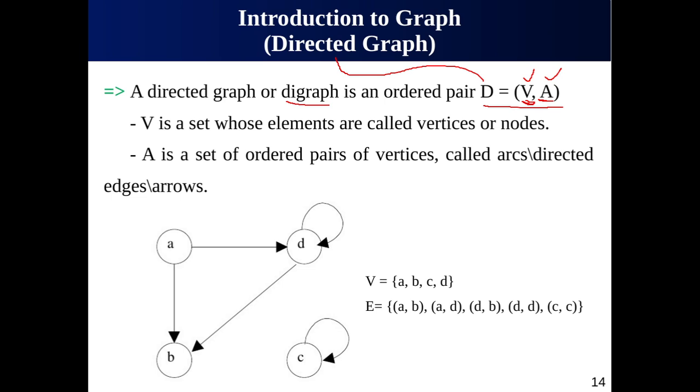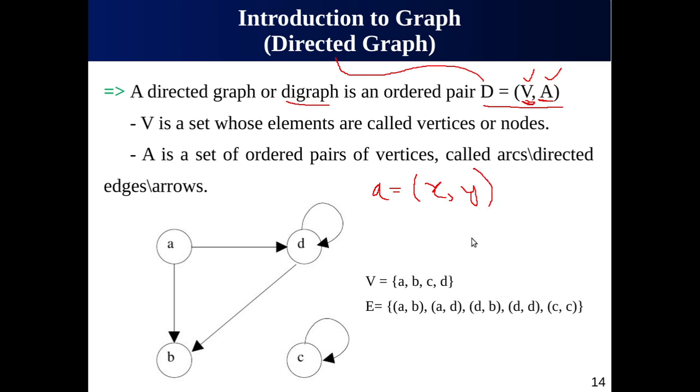A for arcs. Suppose we have an arc like this, A for arc, and it is an ordered pair of vertex, meaning two vertex. X is a vertex and Y is a vertex, or nodes.